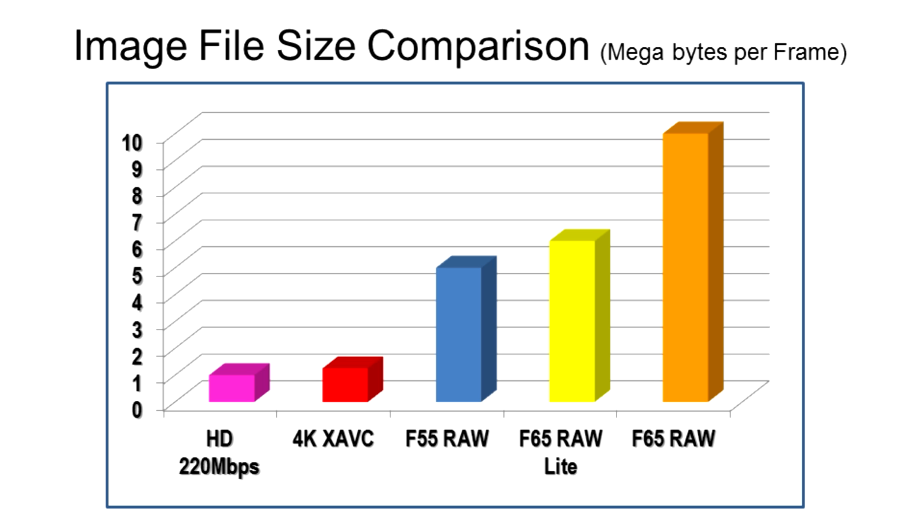An F55, which is a 4K camera, is about 5 megabytes per frame. Still lower in terms of data rate and file size compared to the F65, but still somewhat heavy, especially for broadcasting operations. XAVC at 4K is just about 1 megabyte per frame, with a picture quality that can easily rival the picture quality of the raw signal of the F55.